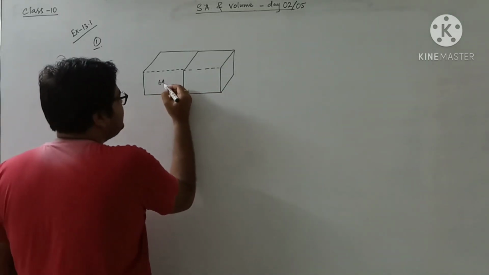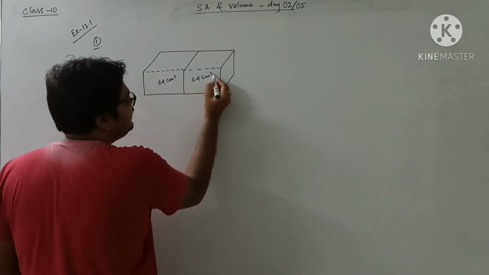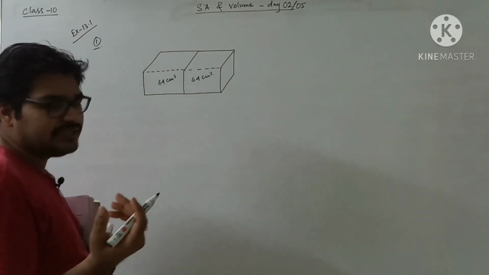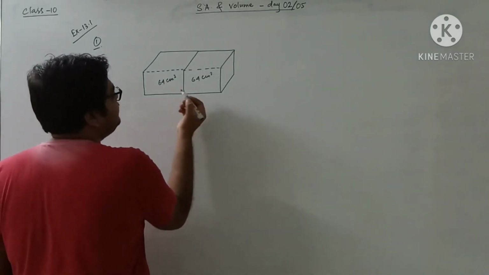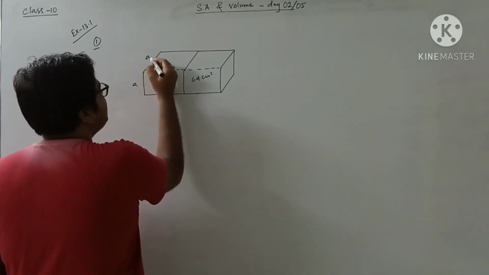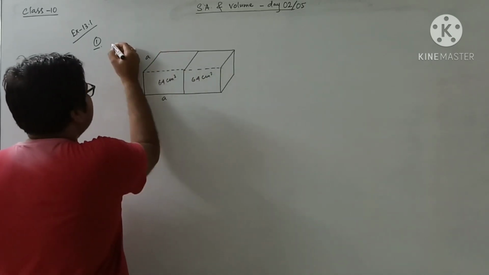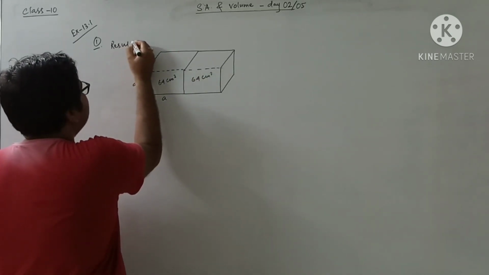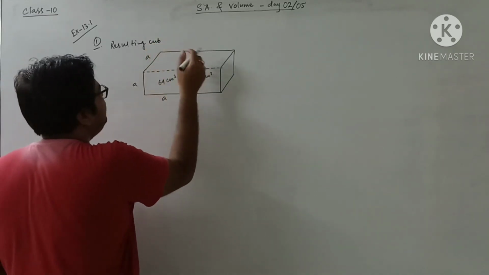Volume of this one is 64 centimeter cube and volume of this one is also 64 centimeter cube, because each of them has 64 centimeter cube volume. Now as both of them are cubes, the side lengths are the same. So this is a, this is a, this is a. Now this is the resulting cuboid, when both cubes are joined end to end.